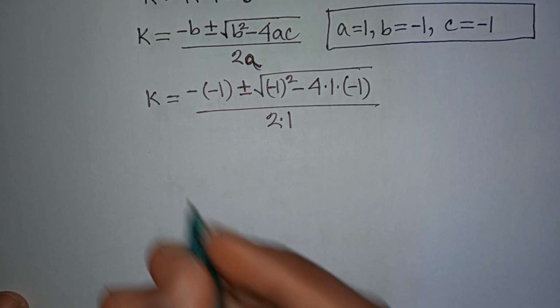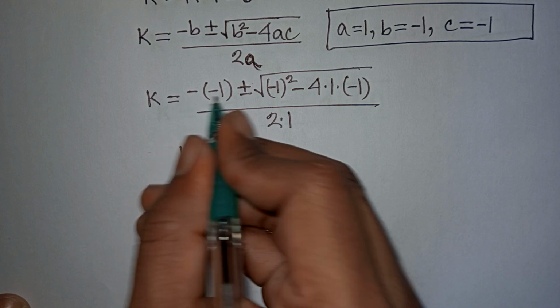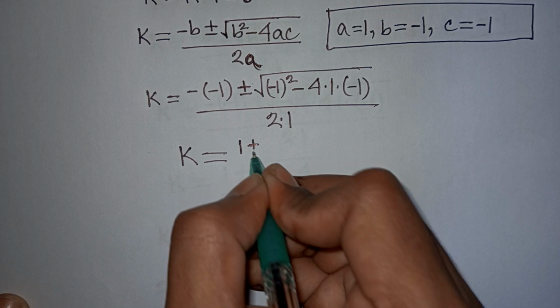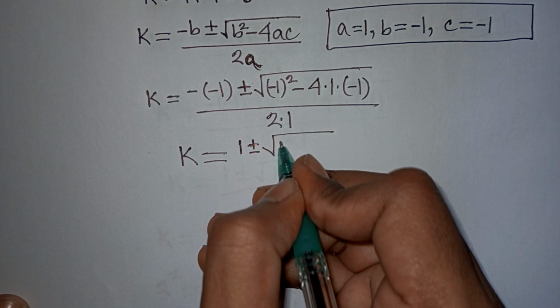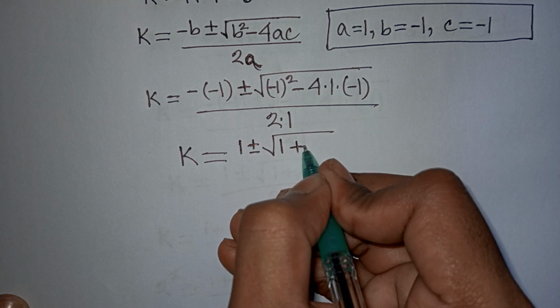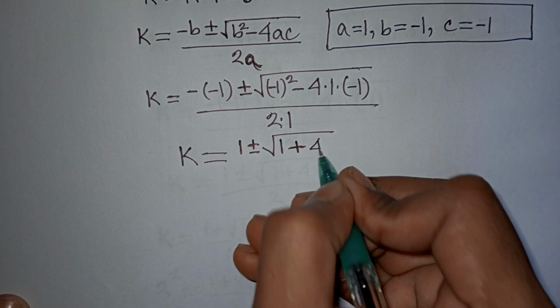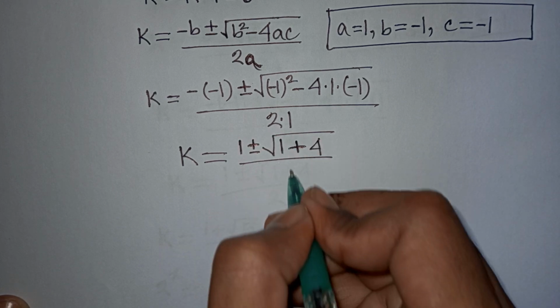Now, k is equal to minus times negative 1, that means positive 1, plus or minus the square root of (negative 1)^2, that means positive 1, minus times minus, that means plus 4 times 1 times 1, that means it will be 4, then divided by 2 times 1, that means 2.